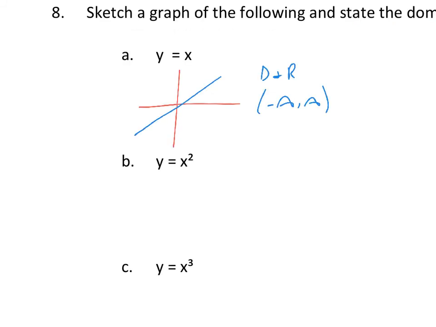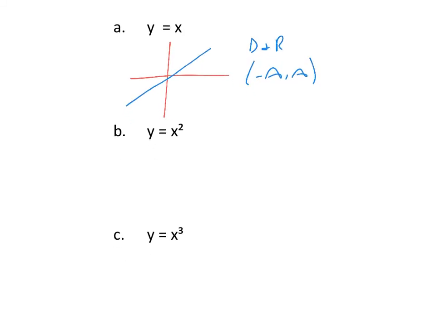Okay, b, x squared, you should know is a quadratic. The domain is all reals again, negative infinity to infinity in interval notation, and the range is 0 to infinity.